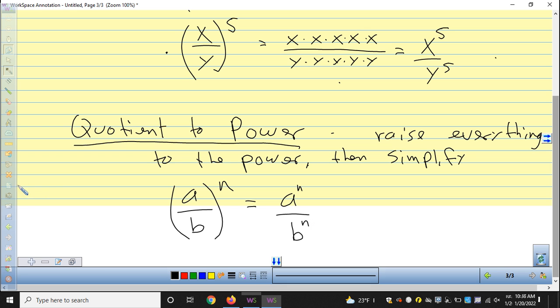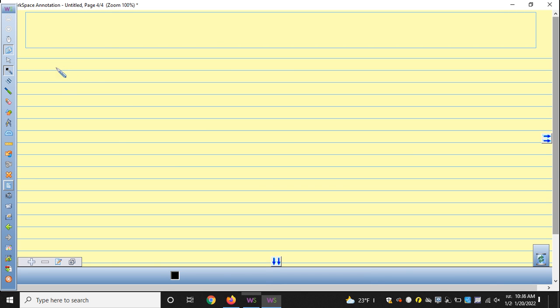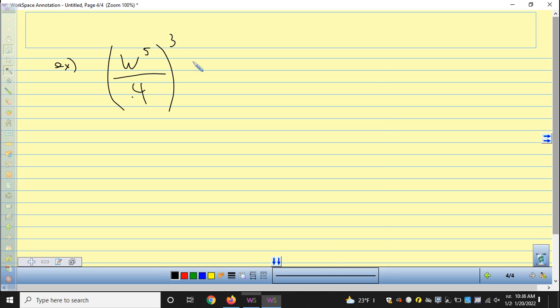Okay, let's look at a couple of examples, and we'll be done for today. So we have w to the fifth over 4 to the third power. I'm going to raise everything to the third power. So I get w to the fifth to the third power over 4 to the third power. Now in the numerator, I have a power to a power.